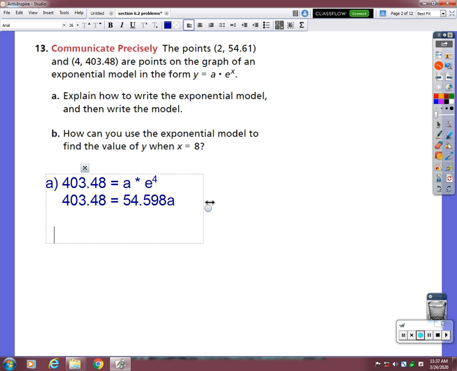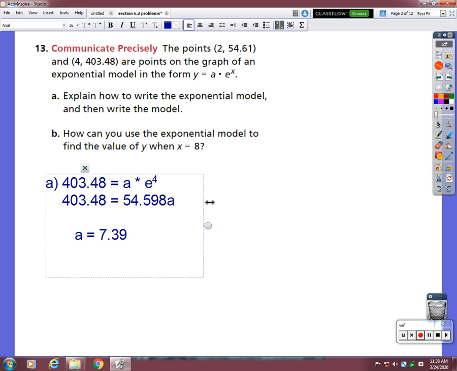So then to figure out what a is, I would take 403.48 and divide it by that. So 403.48 divided by e to the fourth is 7.39.